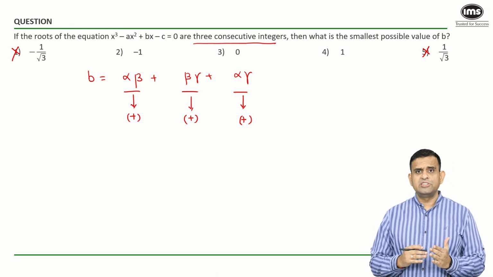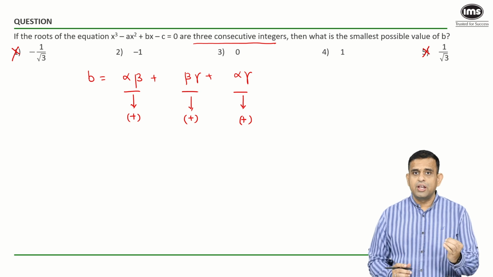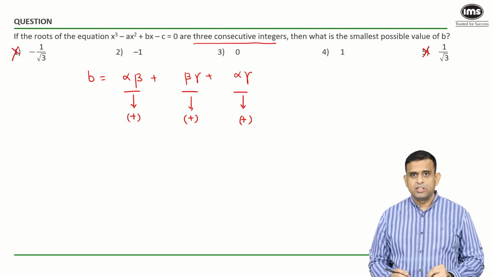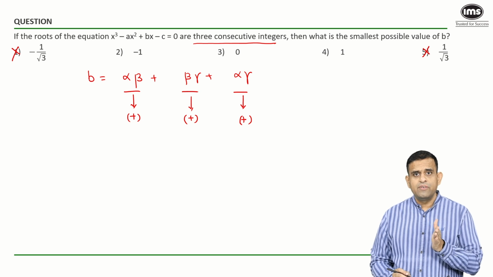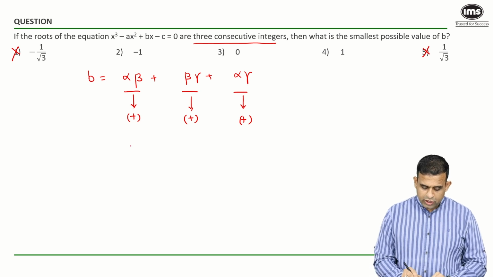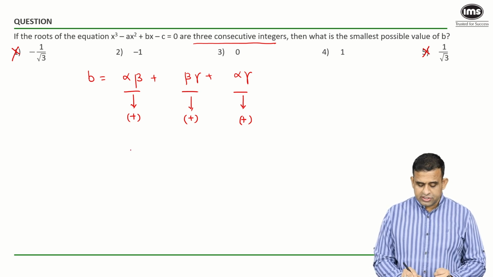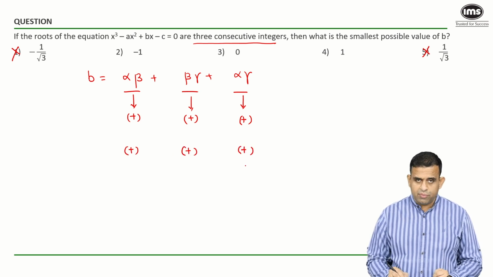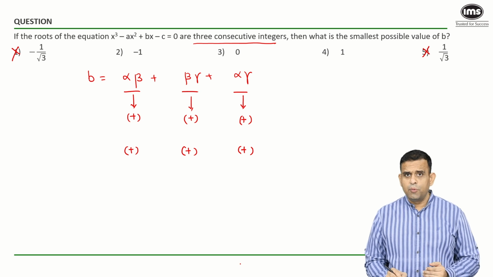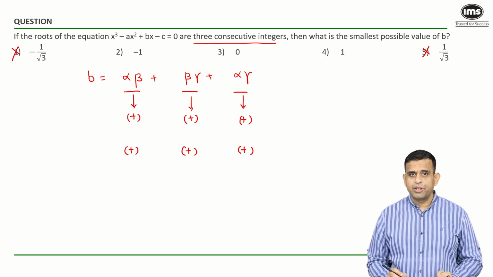Now what if all my 3 roots are negative integers? Then alpha into beta will again be positive, because negative into negative is positive. Even if I take all the 3 roots as negative, alpha into beta, beta into gamma and alpha into gamma will be positive, and hence the value of b again becomes positive.